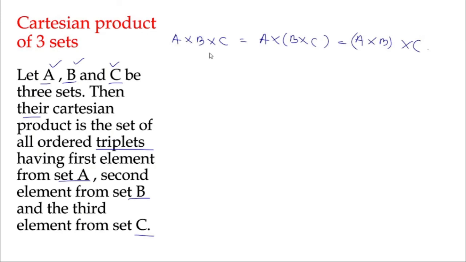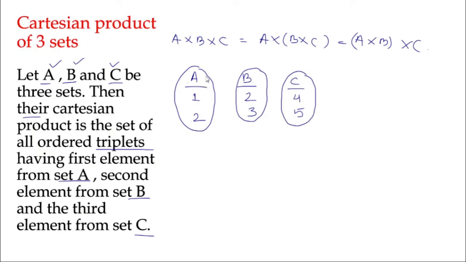Here you see that the ordering is not changed. There are three sets, let A, B and C. The first set has 1, 2 as elements, set B has 2, 3 as elements, and set C has 4 and 5 as elements. So what will be A cross B cross C?